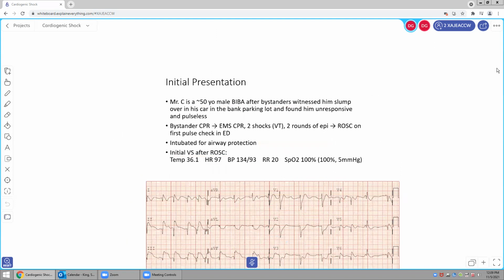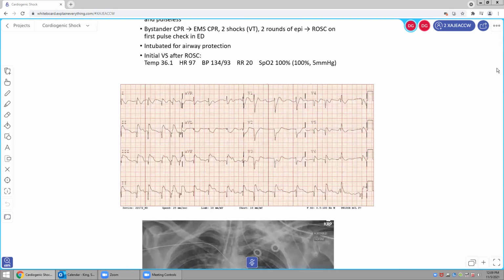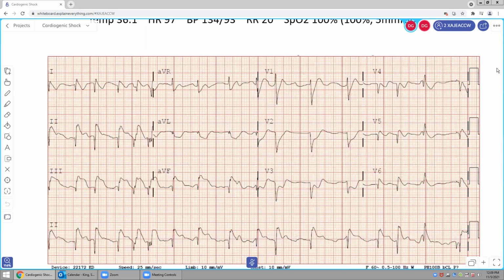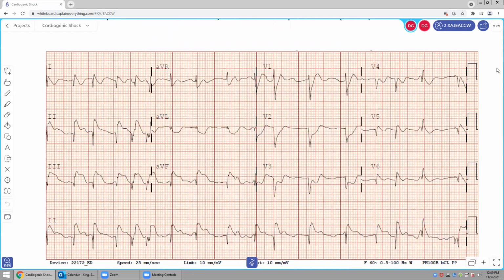Here is his EKG. What do you notice? What is the rate?